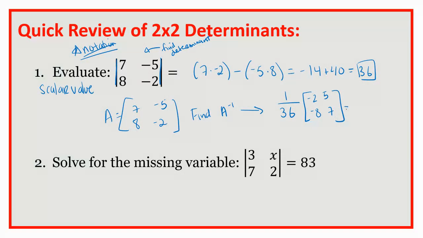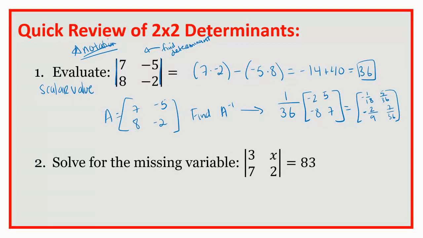Then I can distribute that in. That's scalar multiplication now. I get -1 over 18, 5 over 36, and I can divide them both by 4, -2 over 9, and then 7 over 36. So this would be the inverse.